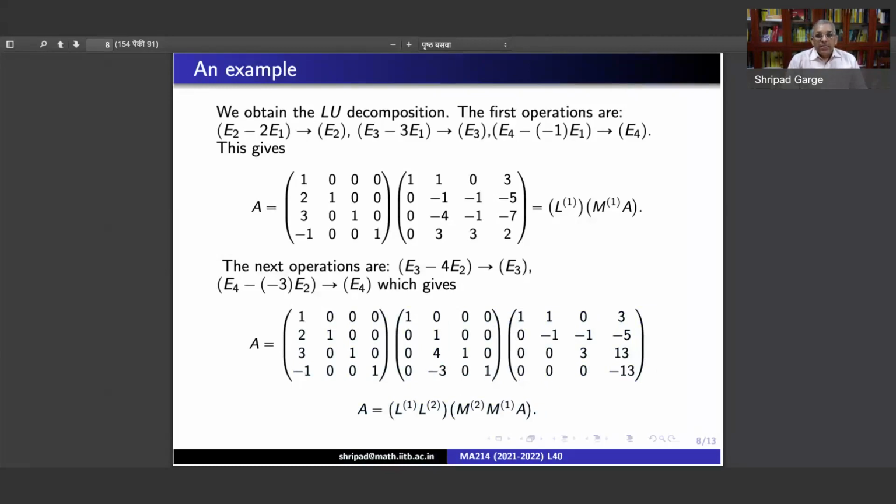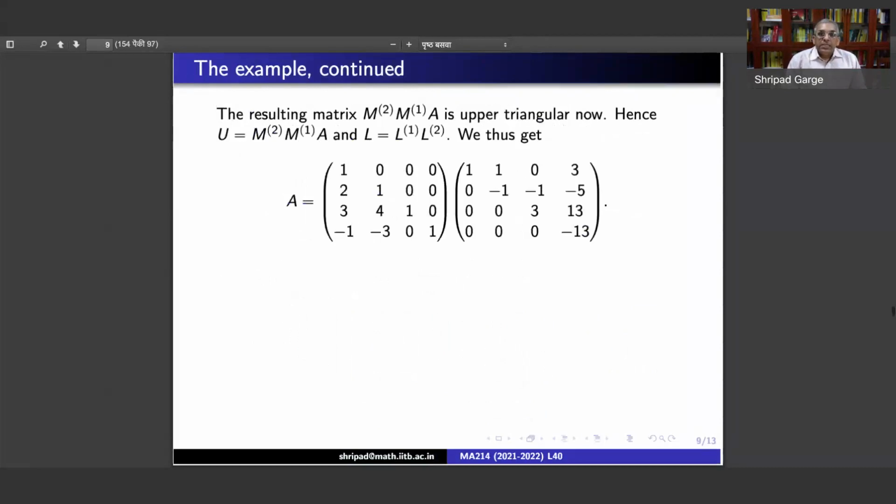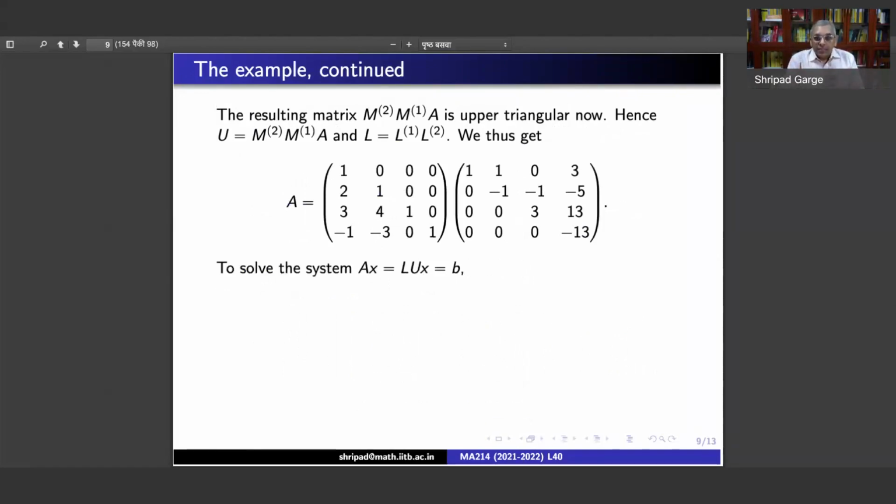So U is M2 M1 A, and L is L1 L2. Remember that the order is reversed, and therefore we get this decomposition. Instead of capital A as it was, we have written it as a lower triangular matrix into an upper triangular matrix. Does it help us in solving the system?